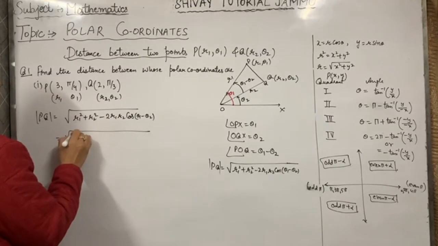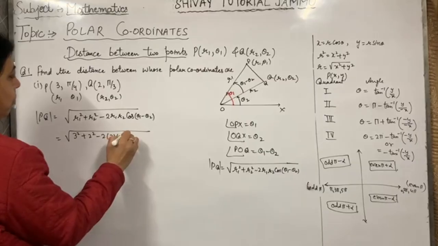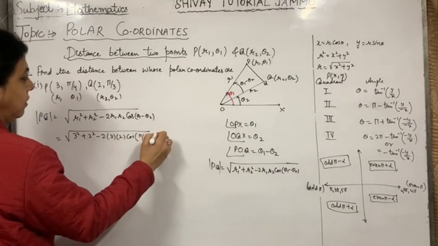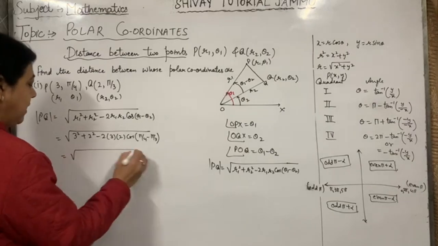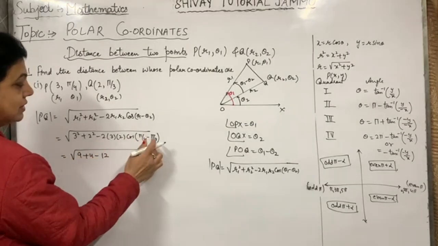Okay, then it is 3 square plus 2 square minus 2 into 3 into 2 cos (pi by 4 minus pi by 3). Then it is 9 plus 4 minus 12 cos (A minus B).